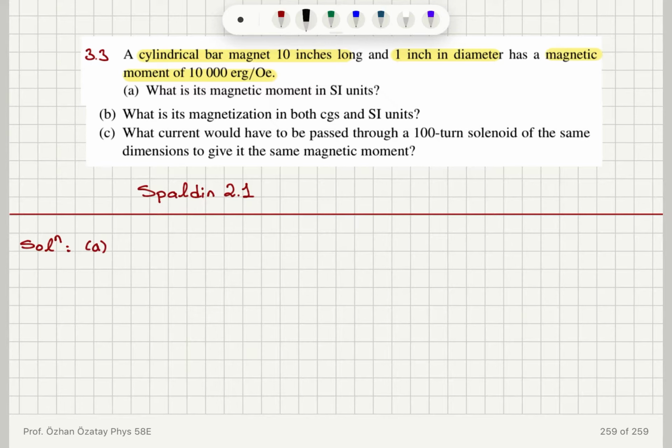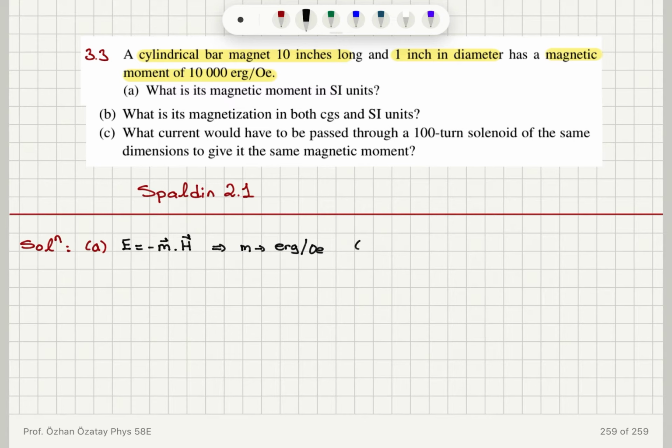Okay, so I want to elaborate on this unit for the magnetic moment in CGS. We can see that this unit comes from the energy of a magnetic dipole moment in a magnetic field. So the energy is minus m dot product with H, where m will be now in units of ergs per oersted.